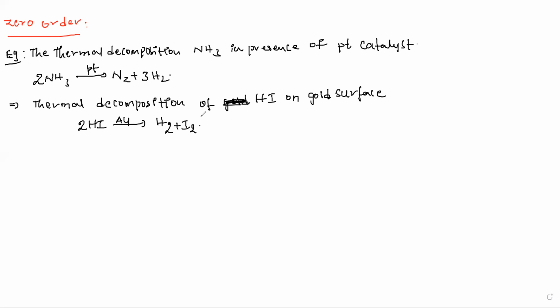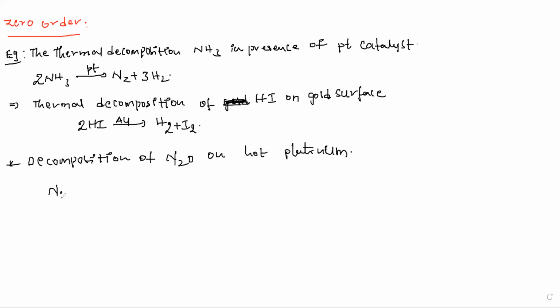Decomposition of N2O on hot platinum. That means when N2O decomposes, it gives N2 plus half O2.